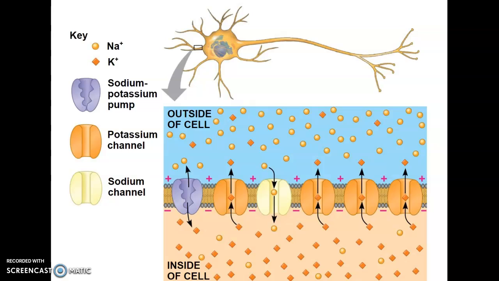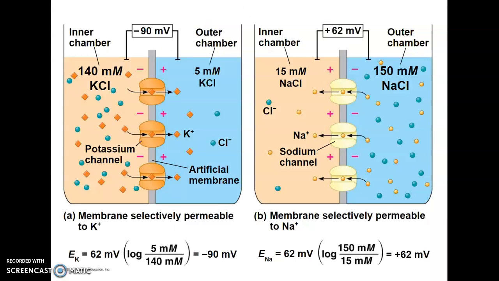On the other hand, if the ionotropic channel was a potassium channel, potassium is much higher on the inside than the outside, and so the potassium would move down its electrochemical gradient to the outside of the cell, and that would cause a hyperpolarization. So hyperpolarization would be becoming even more negative than the resting membrane potential of whatever it was, negative 70. So it would move toward the equilibrium potential for potassium, which is closer to negative 90 millivolts.